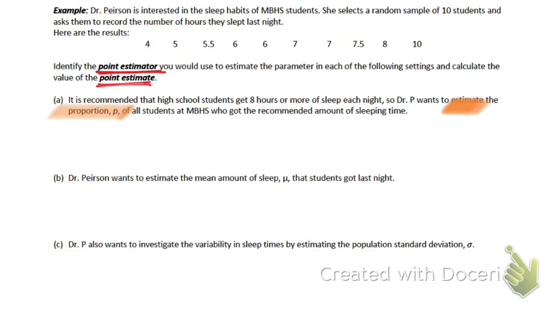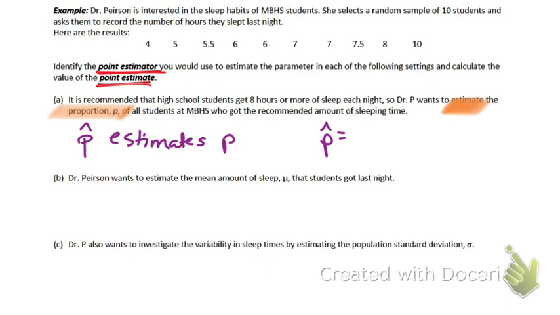What is the point estimator that we need to use to estimate P? Very good. P hat estimates P. So that's the point estimator. Now, what is the value of that? So what is the actual number? So p hat would equal what?